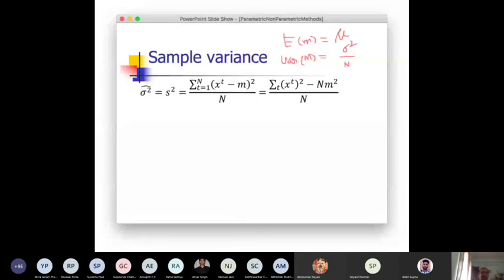That is fine. So now we are considering the estimate of sigma square, this variance itself. There we have the maximum likelihood estimate.